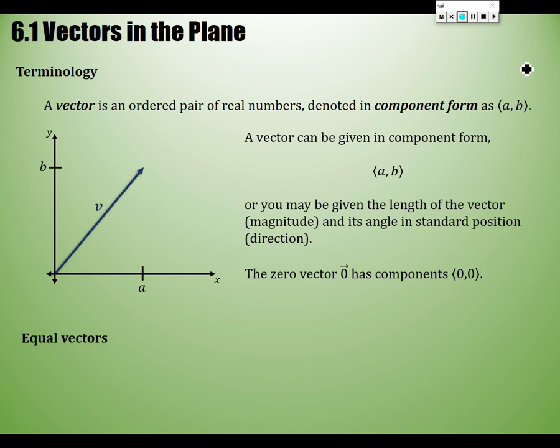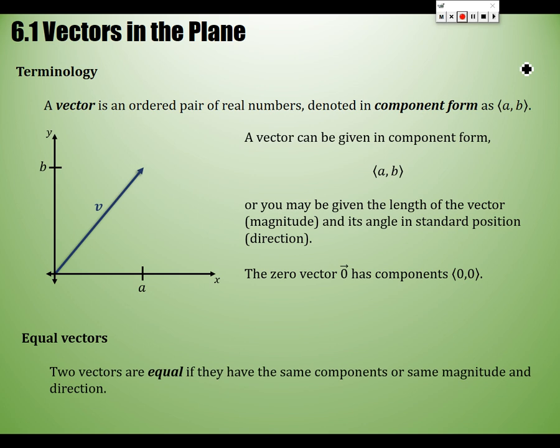Two vectors, I'd mentioned the zero vector here, it's 0, 0. Two vectors are equal up to translation. So we've pictured it here, and we often do picture a vector in its standard position, that is, with its tail at the origin. But there's no reason it has to be there. If it's been translated somewhere else, then we still consider that the same vector.